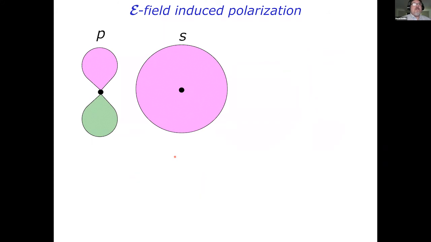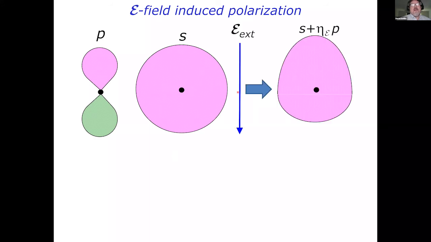This sort of polarization can also be induced by a static electric field. Again, you can see this electric field will push the electron wave function up and lead to this sort of deformation, which is again a mixing of S and P states.